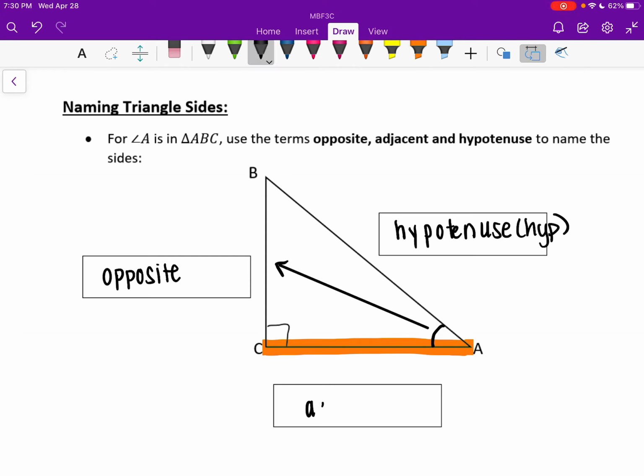So that's the adjacent. That makes sense if you think of this logically and what each of those words means. Hypotenuse we know is always the longest side. We remember that from when we did a squared plus b squared equals c squared. Opposite is the one that's looking across from it. And adjacent literally means to be sitting next to someone. You're sitting adjacent to the person beside you. So that makes sense that it would be the one that's right beside the angle.